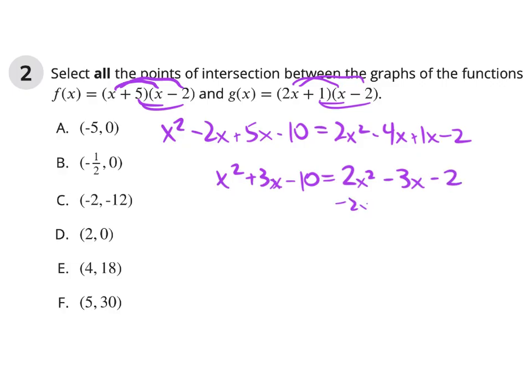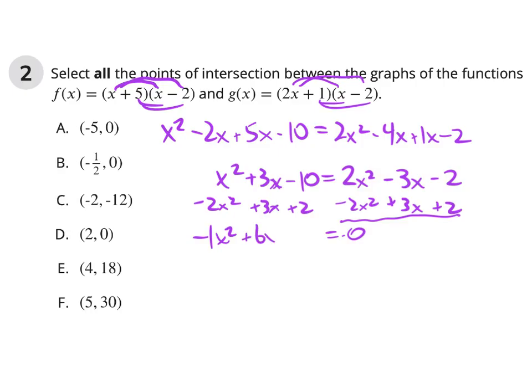We're going to subtract this whole polynomial on both sides by changing all the signs, to get it equal to 0 on one side. Basically you just change all the signs. Minus 1x squared plus 6x minus 8.